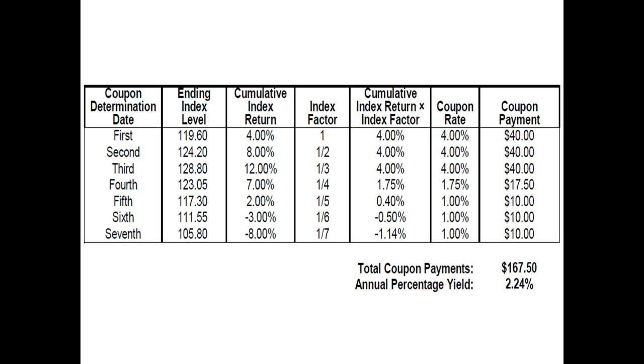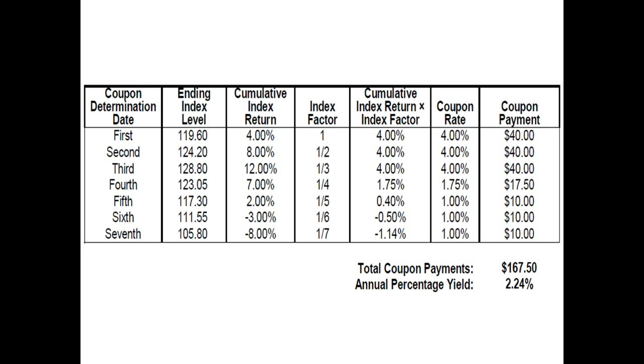So on the left-hand column, you see it says coupon determination date. That would be at the end of the first year. And so in this hypothetical, there was a 4% growth from the initial date to the calculation date. Okay, so the index is up by 4%.